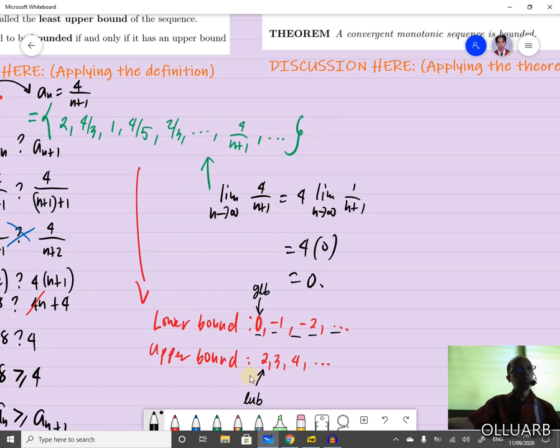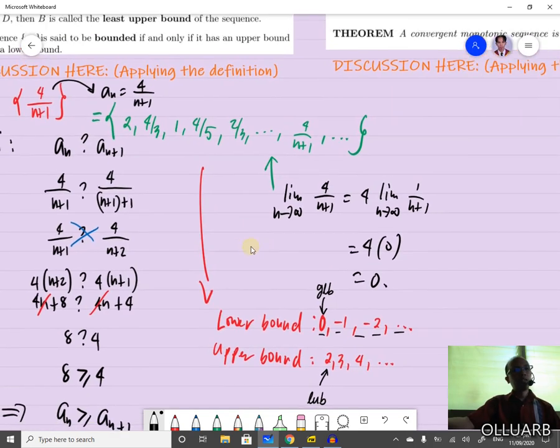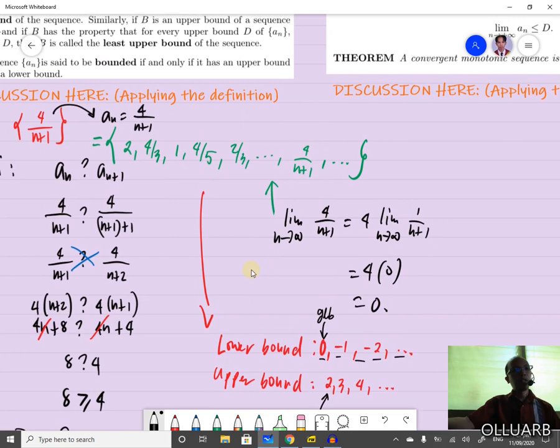Another example: 0 is the greatest lower bound of this sequence 4 over n plus 1. Okay, that's the meaning of the lower bound and the upper bound.